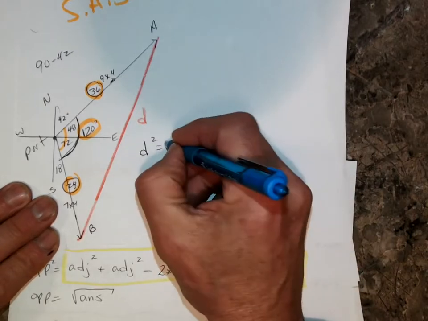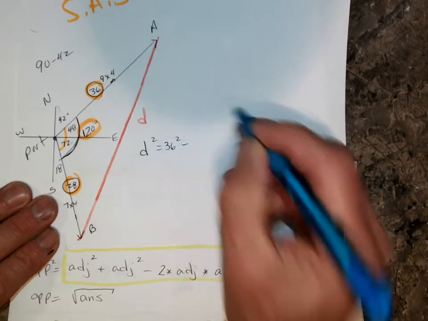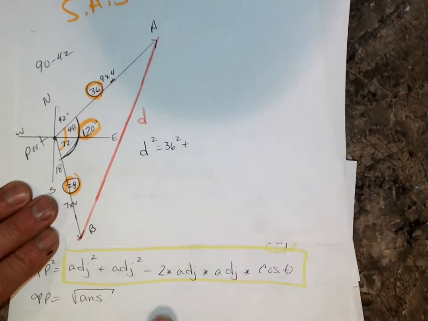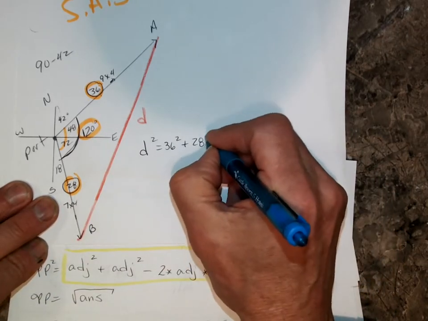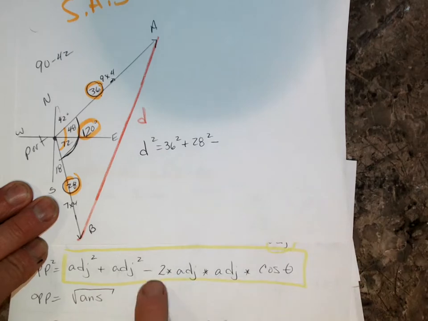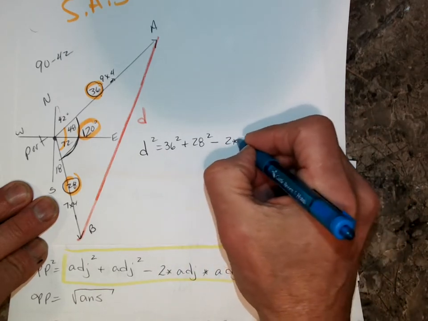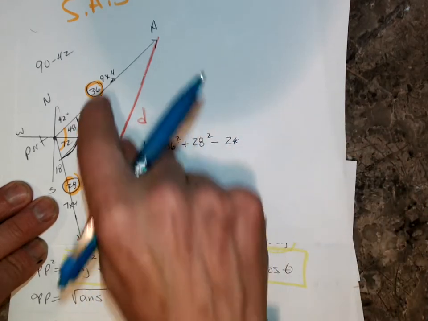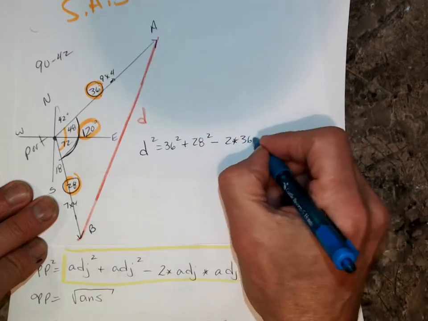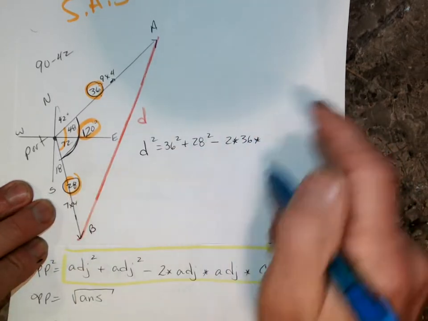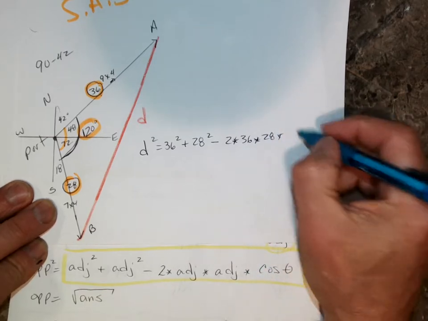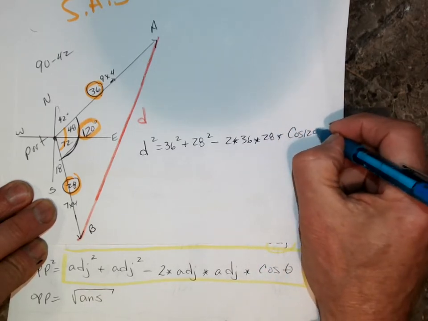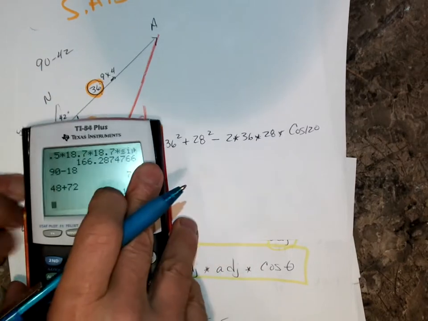Adjacent squared, which is 36 squared plus my other adjacent squared, which is 28 squared, minus 2 times my adjacent, which is my 36, times my other adjacent, which is 28, times the cosine of my angle, or cosine of 120. Okay, I'm just going to use my calculator to get that answer.